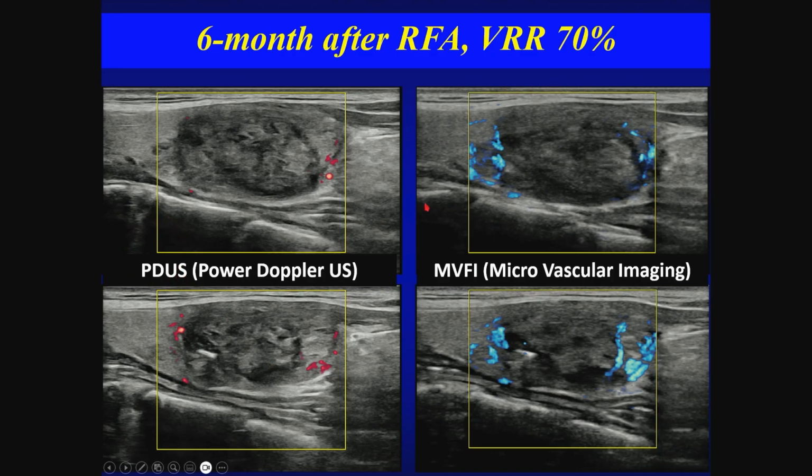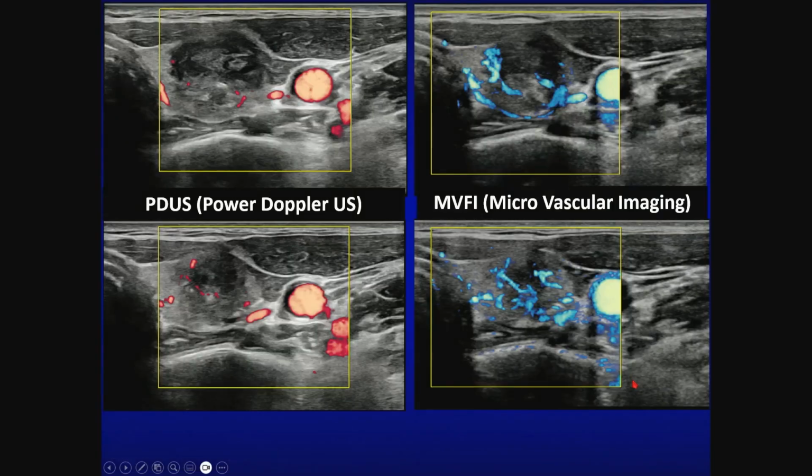However, vascularity is prominent on microvascular flow imaging. This transverse image shows a similar vascular feature. Microvascular flow imaging shows vascularity in the solid component and draining veins clearly like this.